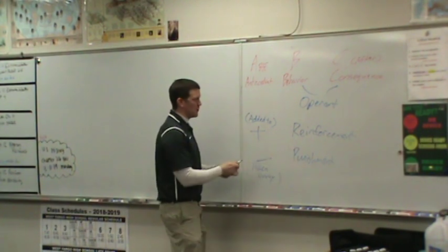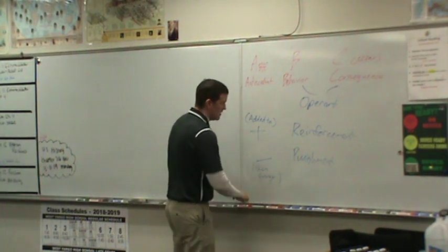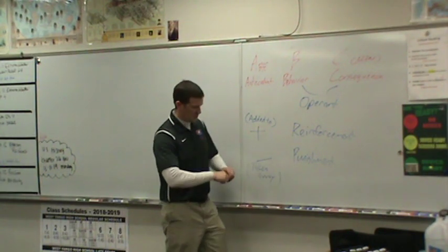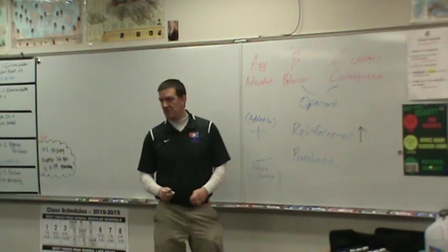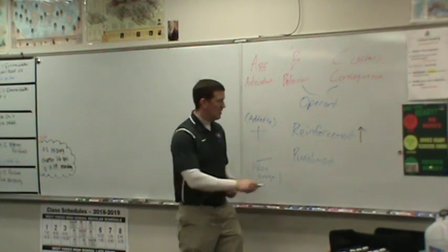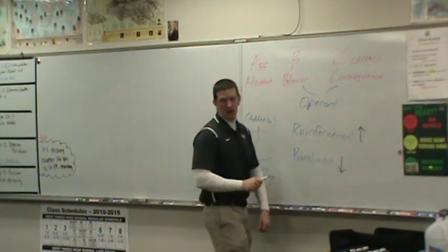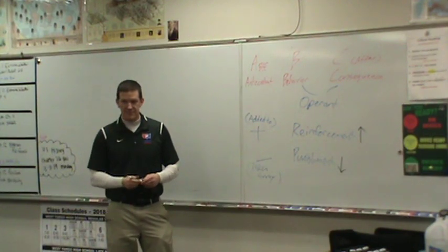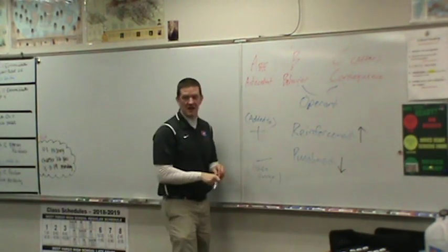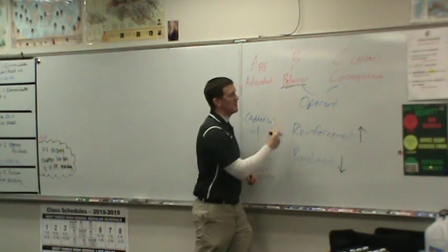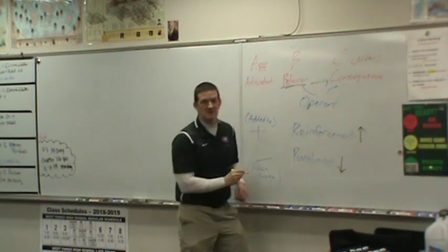Now, reinforcement and punishment refer to whether the consequence increases the likelihood of the behavior in the future, or decreases the likelihood of the behavior in the future. So again, remember, operant conditioning is the B and the C. You behave, you experience a consequence.